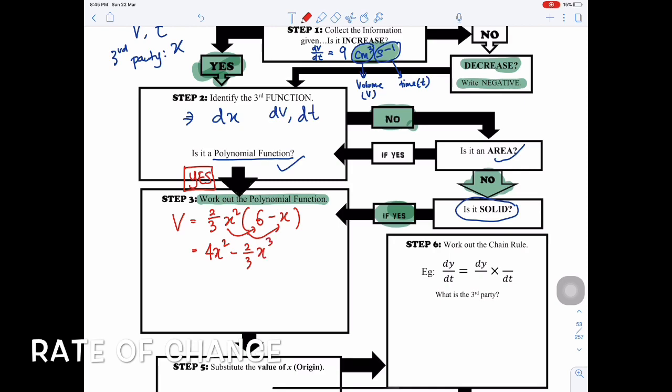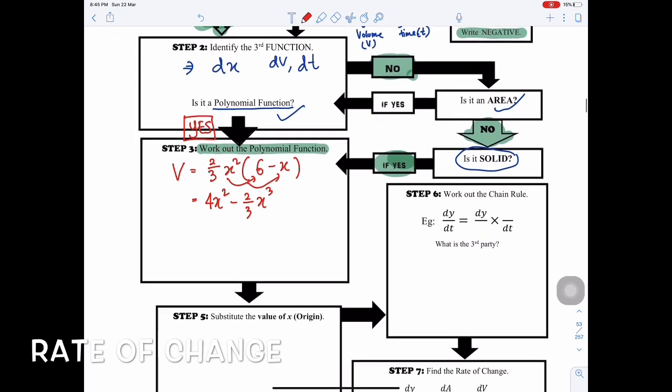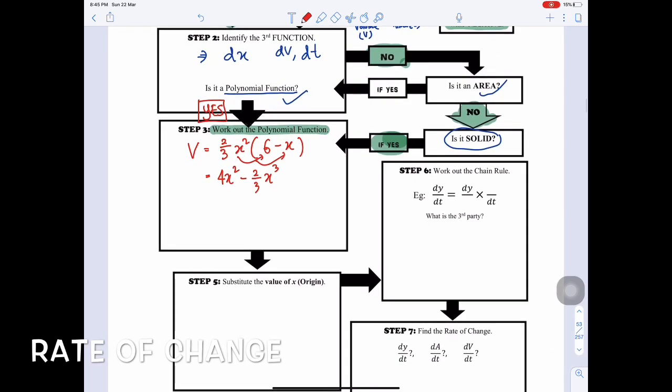This is v, 4x squared minus 2 over 3 x cubed after you expand.